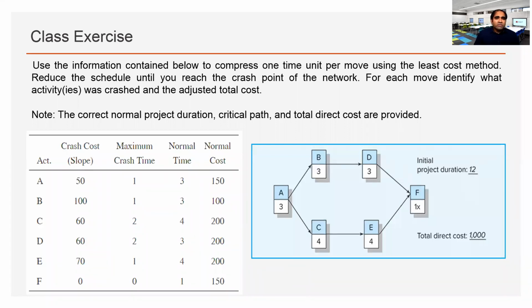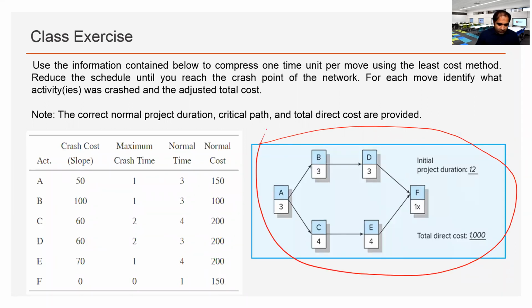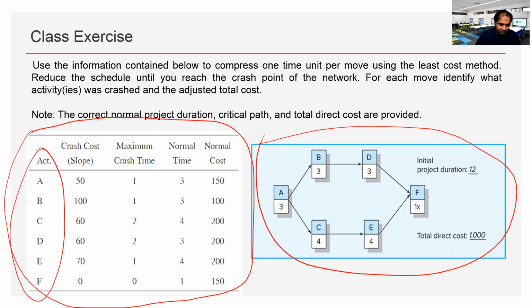So we start from the very simple one here. We have a table given and the project network given. This is the project network, and this is the table with details of activity, ACT for activity, and crash cost.